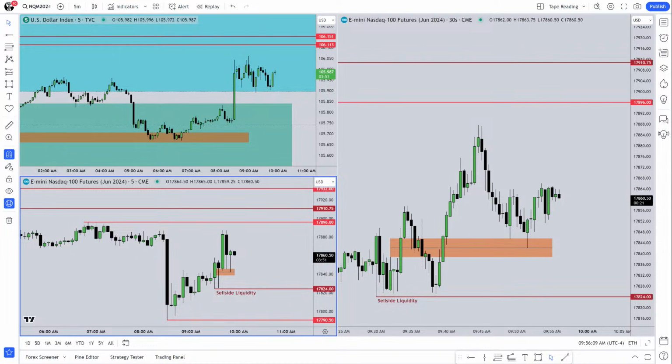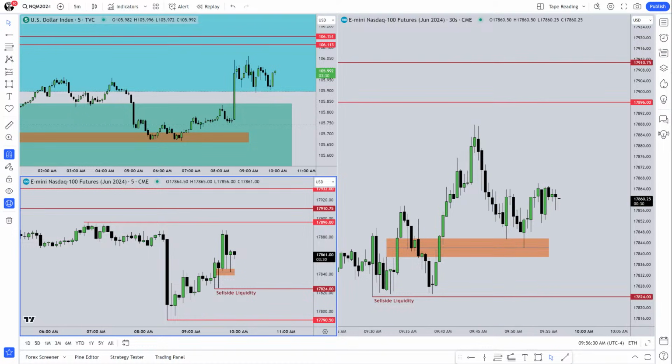If it wants to go higher, it needs to do it here. See that dollar, upper left-hand corner? Did not take out that low.